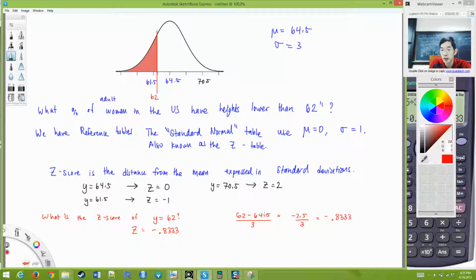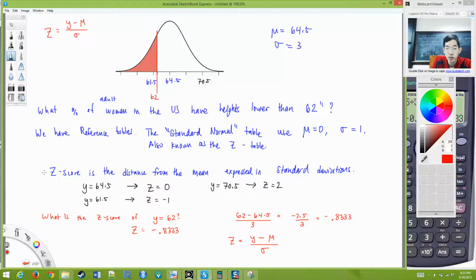And so all I did here to get my z-score is I took the value y, I subtracted off the mean, and I divided that distance by the size of the standard deviation. Okay, so maybe that's a useful formula. Z is equal to y minus the mean divided by the standard deviation.